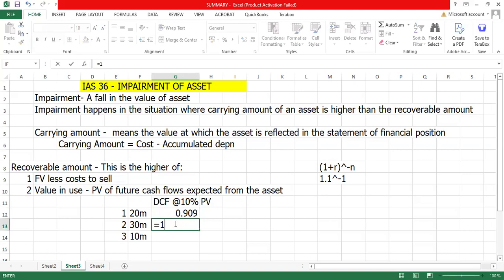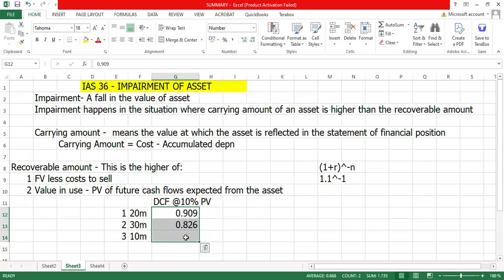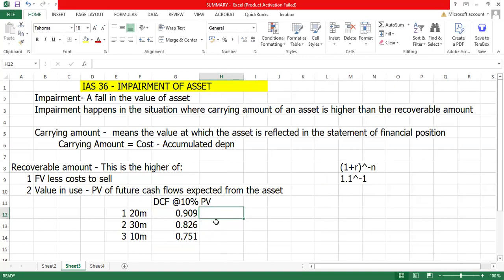Then here it's 1.1 power -2, to 3 decimal points. Then here it's 1.1 power -3.